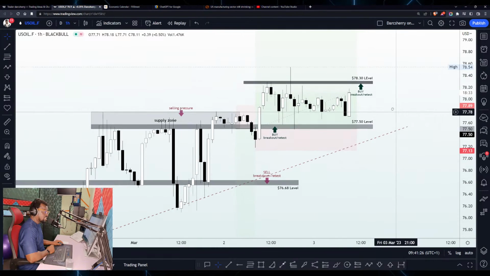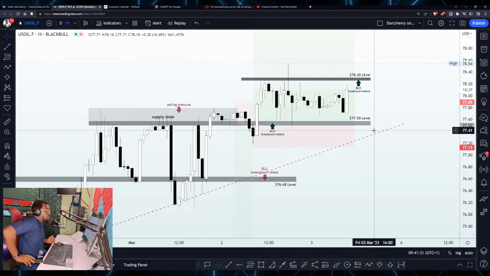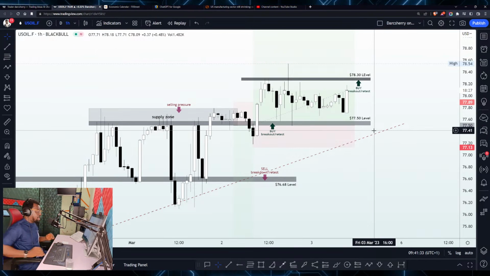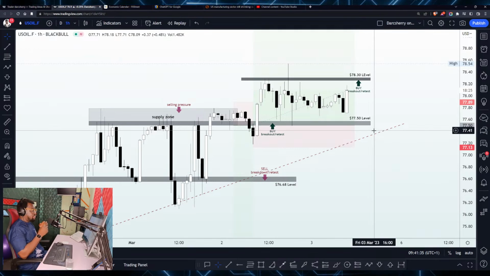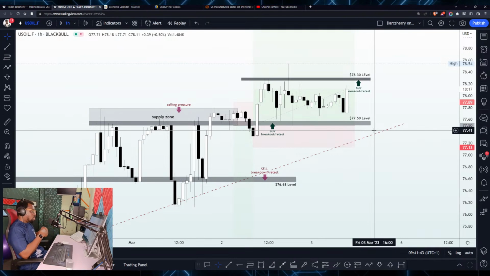However, in as much as we continue to look out for buy opportunities, like I always say here on our morning live session, I used to advise that even though we are having a particular bias in mind, we should keep our mind open for a possible reversal situation. That is, price might likely go the opposite direction.